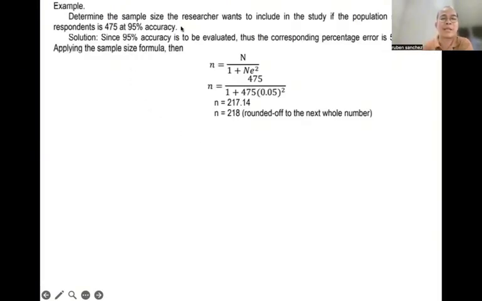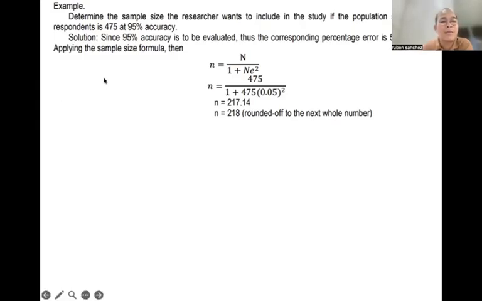And let's have another example. Determine the sample size the researcher wants to include in the study if the population size of her respondents is 475 with a given accuracy of 95%, class. Now, since 95% accuracy is to be evaluated, the corresponding percentage error is 5%, and that could be presented in decimal form, which is 0.05.